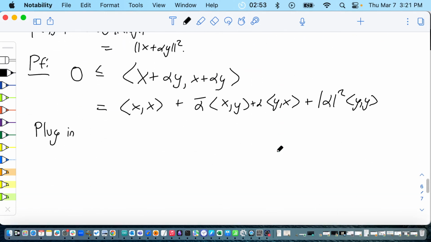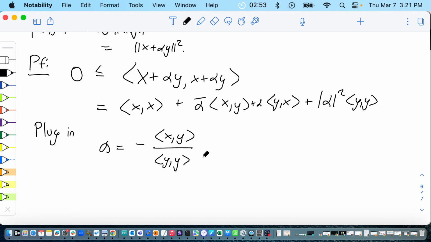Okay, so this works for any alpha, and if you plug in the right thing for alpha, the inequality will pop out. That alpha is minimizing this. If you were to plot this as a function of alpha, it's a quadratic in alpha, and you can find the minimum by the quadratic formula or however you want. At that minimum, the inequality is the best possible. That minimum is alpha equals minus xy divided by yy.